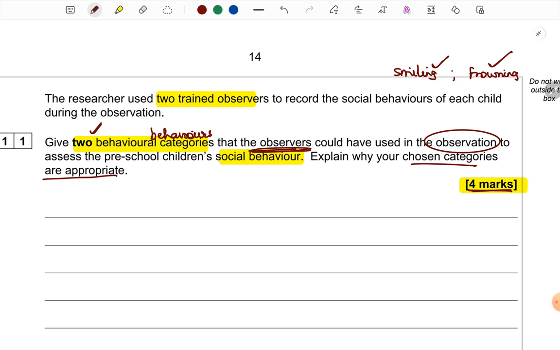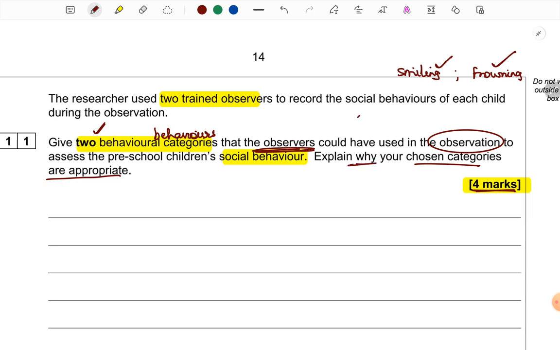So, 2 marks are covered over there. For the remaining 2 marks, I will name one strength of my behavioral categories for another mark, like I said, why questions are about strengths, and for the last mark I will just elaborate on it and link it to the scenario given. So like that I will cover my 4 marks. Let's see how to write the answer.